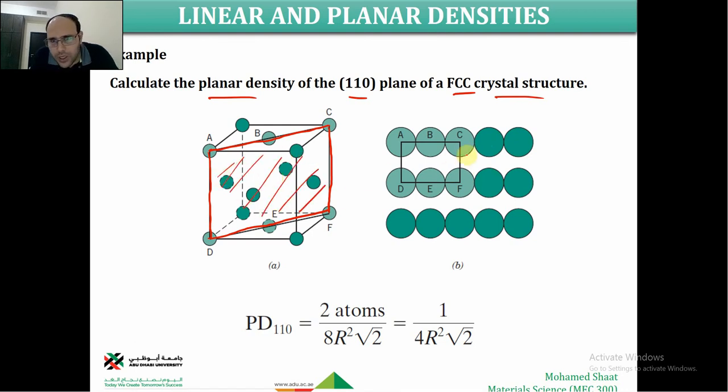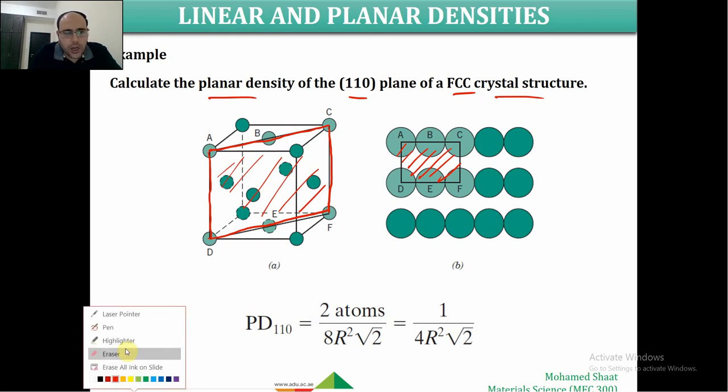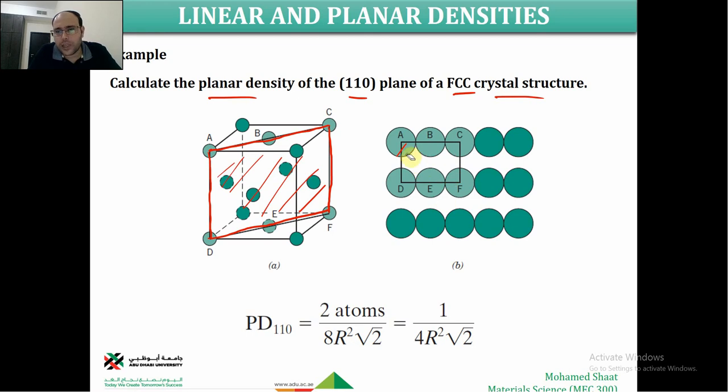So what does it mean? It means that the plane should be the thing that is in the middle. Only this is the plane. So how many atoms, or parts of atoms, are physically located inside this plane? To identify it here, for example, is all of this atom located inside the plane? No, only half of it.